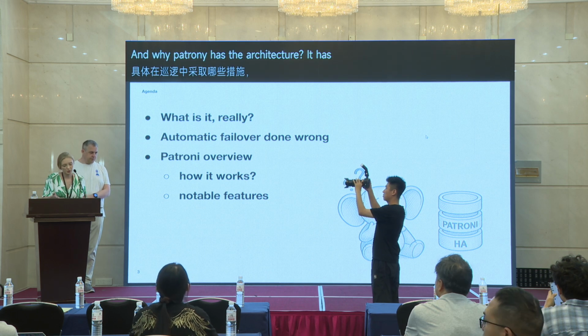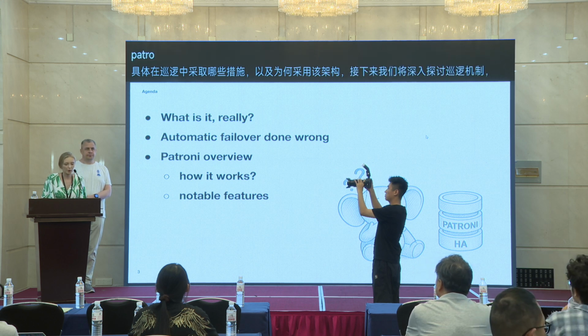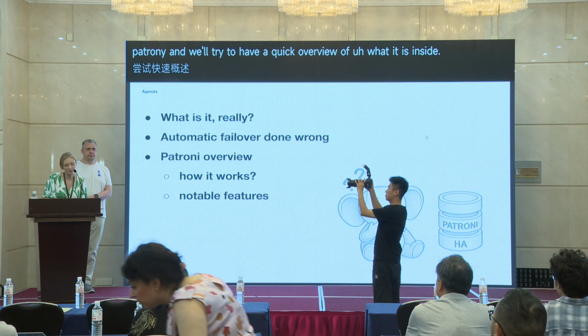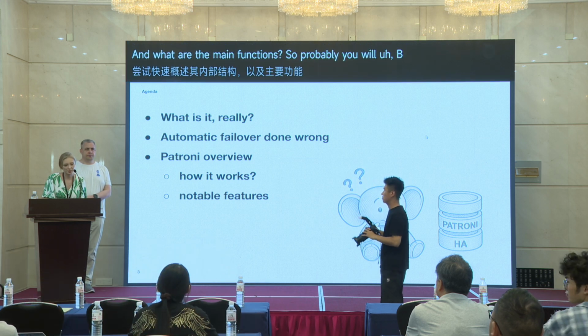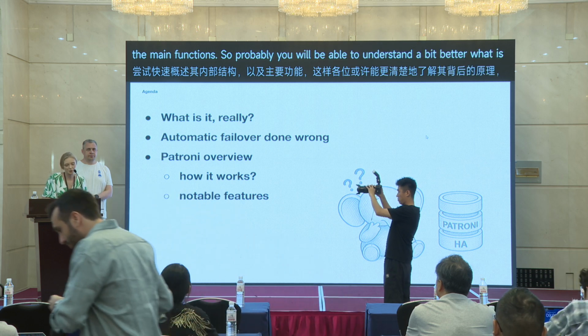Then we will go deeper into Patroni, with a quick overview of what is inside and what the main functions are, so you will be able to understand a bit better the principles behind Patroni.